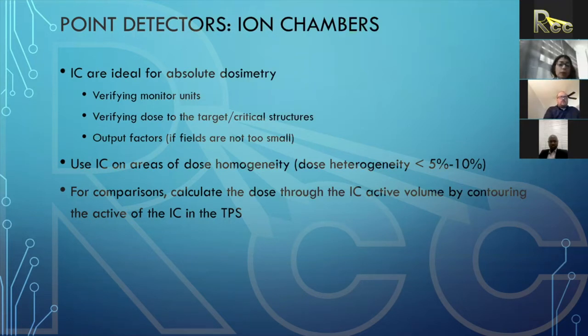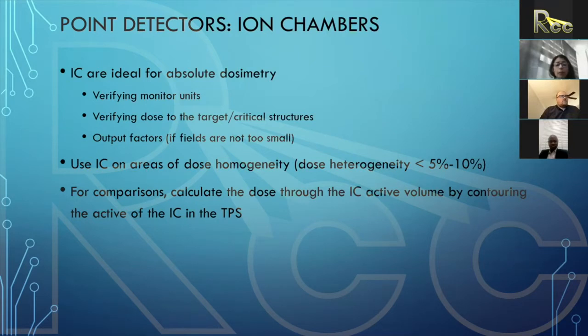You should be using ion chambers in areas of dose homogeneity. And this is more when you want to do, for example, patient-specific QA, or when you want to test after you have commissioned your treatment planning system.